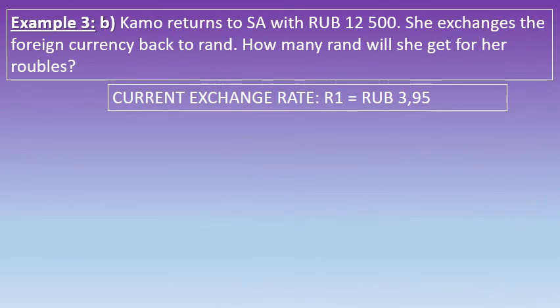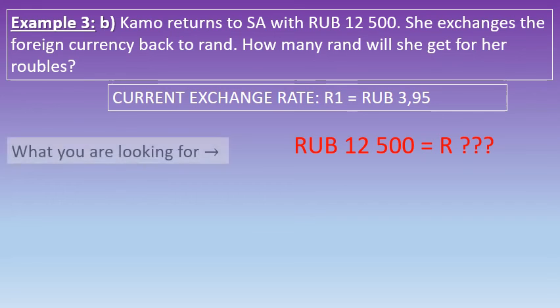Now, Kamo returns to South Africa with 12,500 rubles. She exchanges this foreign currency back to rand. How many rands will she get for her rubles if the exchange rate is still 1 rand is 3,95 rubles? Let's have a look. We are looking for how many rands. See how now my rubles are on the left, my rands are on the right.